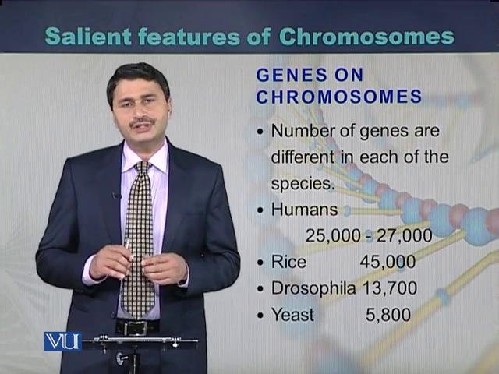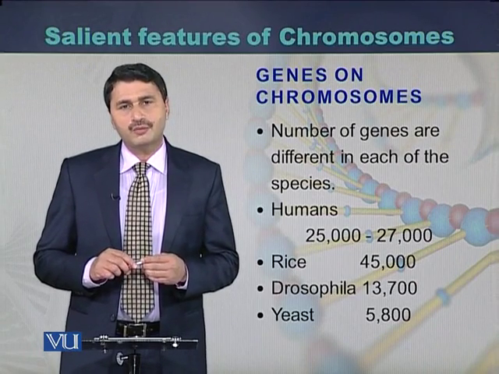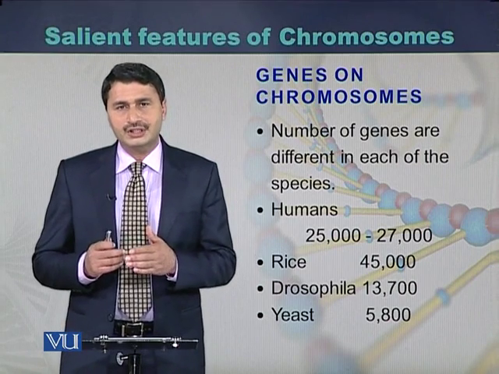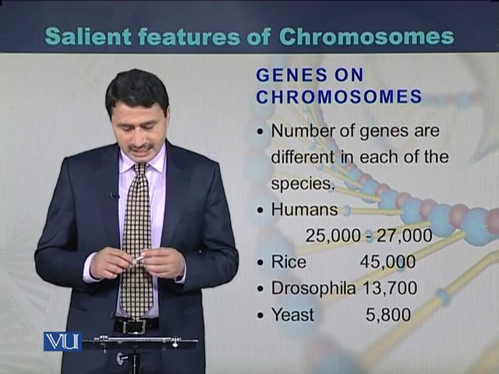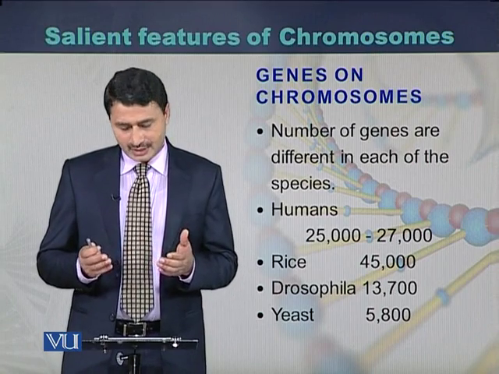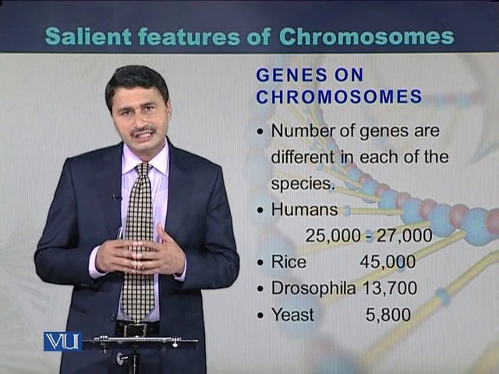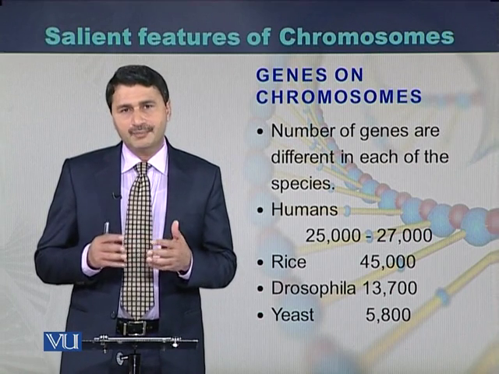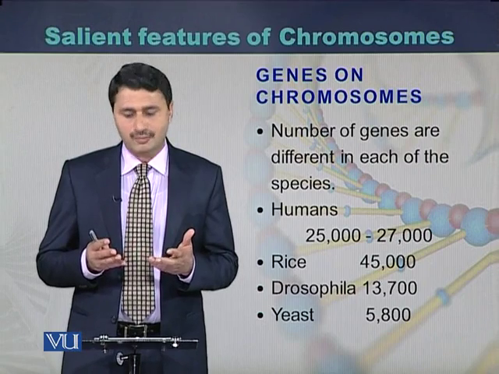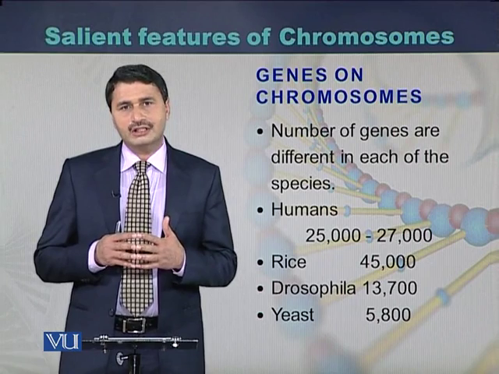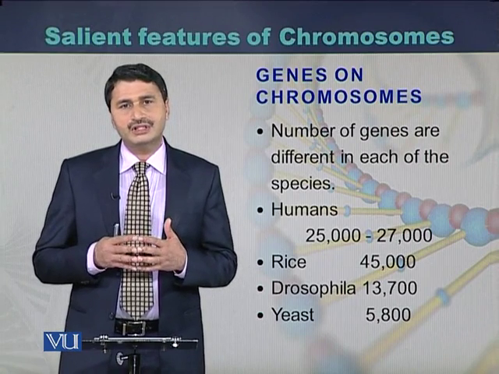The number of genes on a chromosome varies from species to species. Here we can see that in humans approximately 25,000 to 27,000 genes are present on the chromosomes, while in rice approximately 45,000 genes are present.